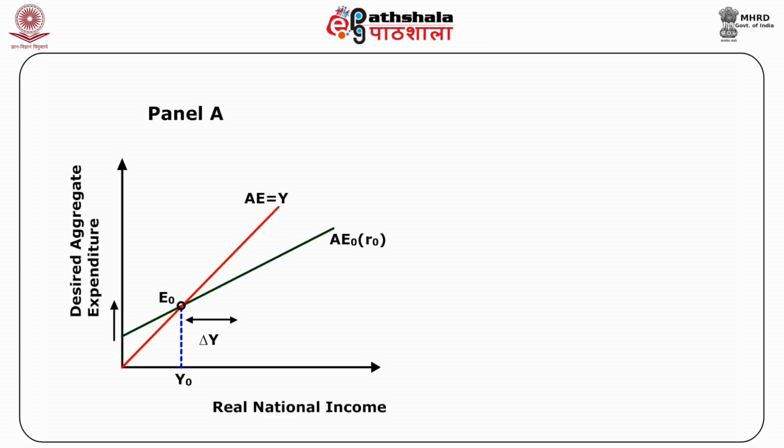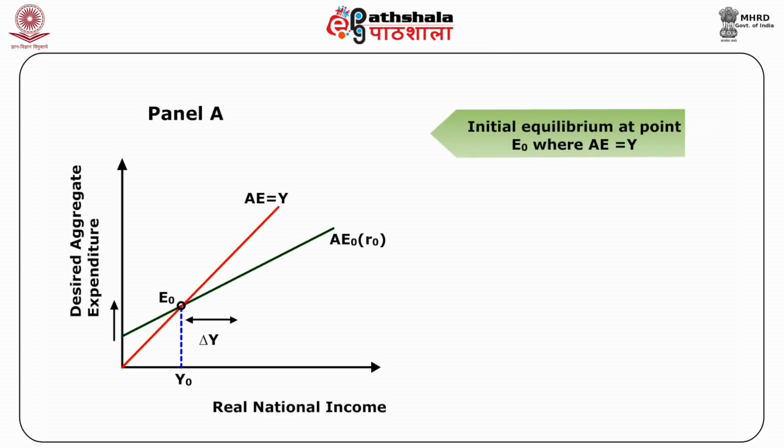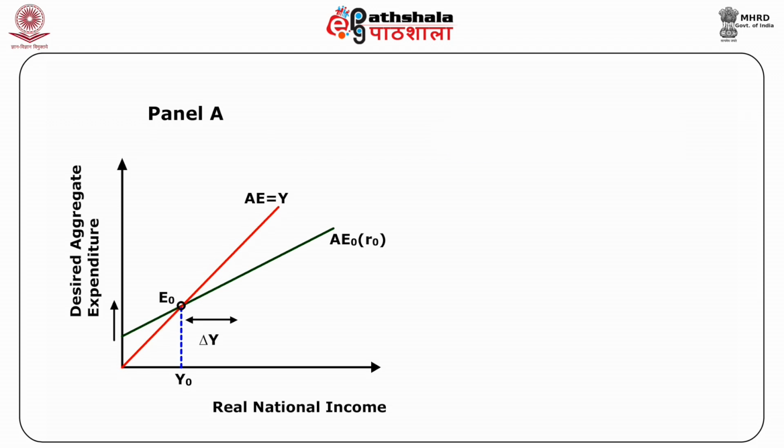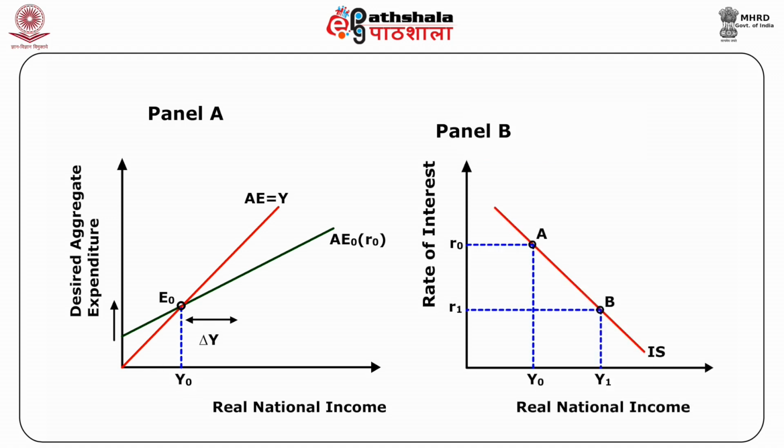In panel A, the initial equilibrium in the economy is at point E0, where AE is equal to Y, the rate of interest is R0 and the equilibrium level of income is Y0. In panel B, the point corresponding to E0 is recorded as point A, where interest rate is R0 and income is Y0.